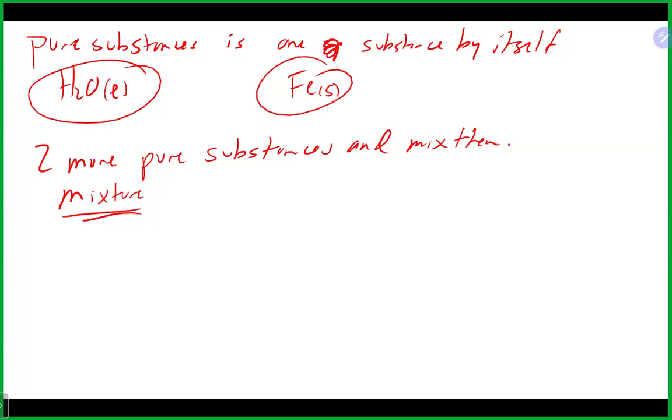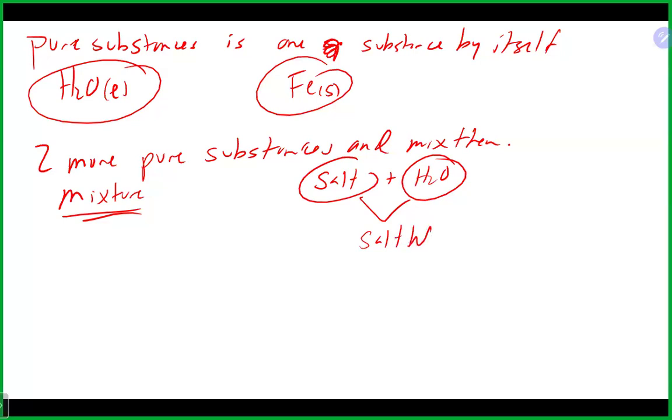And also, both parts of a substance will basically retain their identity. So if you took salt and you added it to water, these are both pure substances. When they come together, you get salt water, which is a mixture. And they both retain their identity.